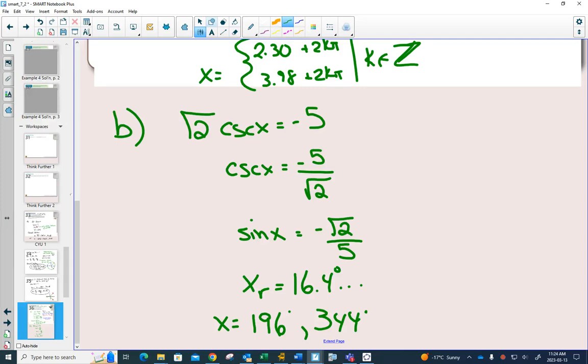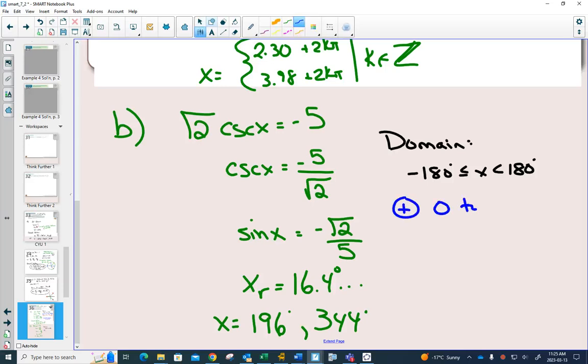What was the domain that they asked us? Hopefully we don't have to change. Unfortunately, we're going to. They said look between negative 180 and 180. So if I break that up, that is positive angles from 0 degrees to 180 degrees, and negative angles from 0 degrees to negative 180 degrees.